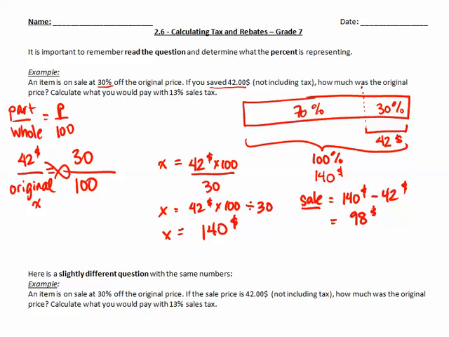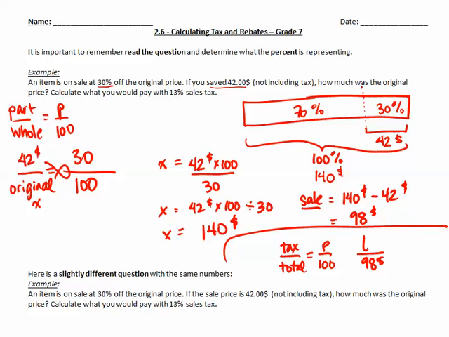Now to find tax, tax over total, or part over whole, equals P over 100. Now the percentage rate is 13%. So the total amount was $98. T I'll use for tax, and it's 13 over 100. I'll find that tax is equal to 98 times 13 divided by 100.